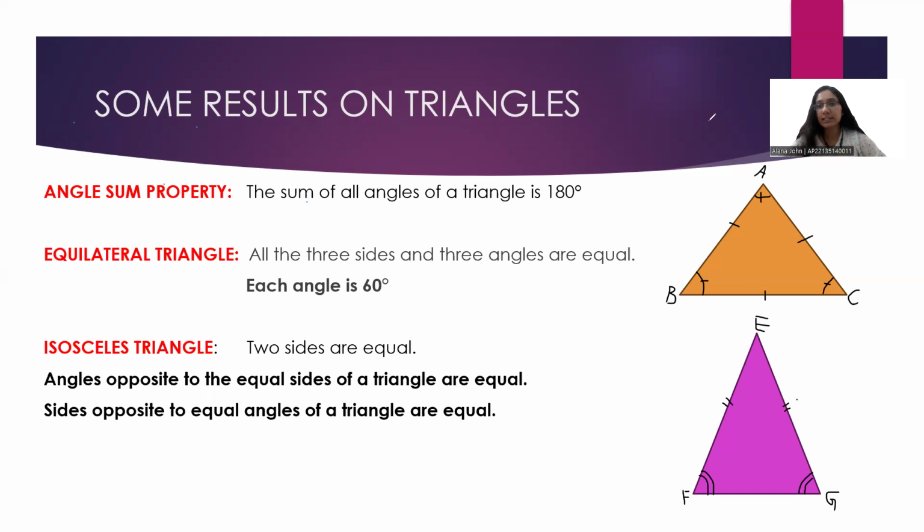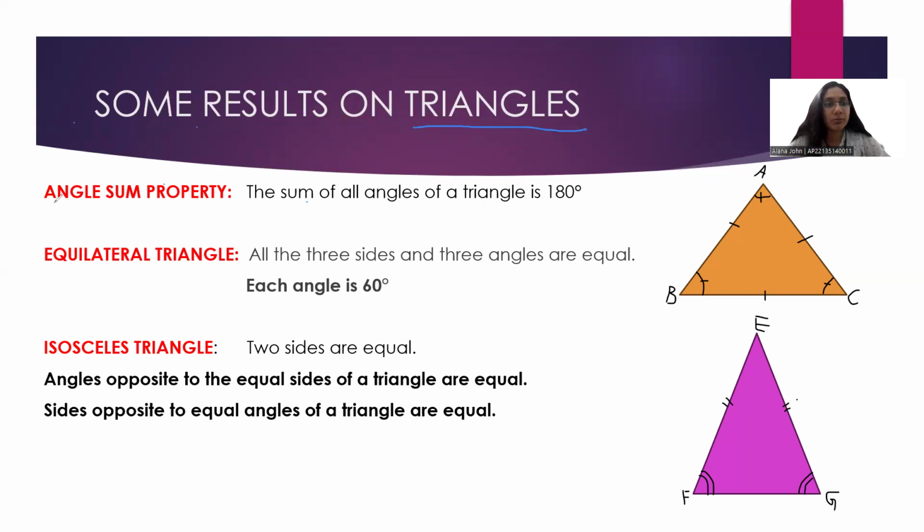See, it's made up of three line segments. If there are three line segments, then of course, how many angles will be formed? Three angles will be formed. The name itself suggests it: tri means three, so it makes three angles. Fine. So here we'll be seeing some properties of triangles.